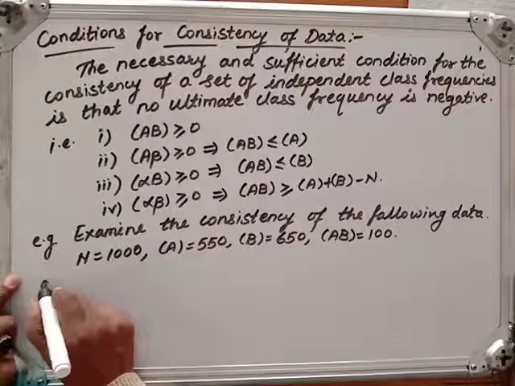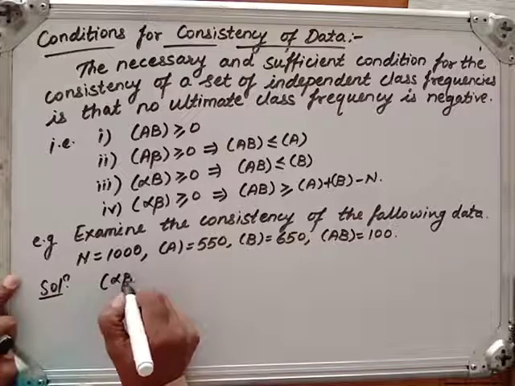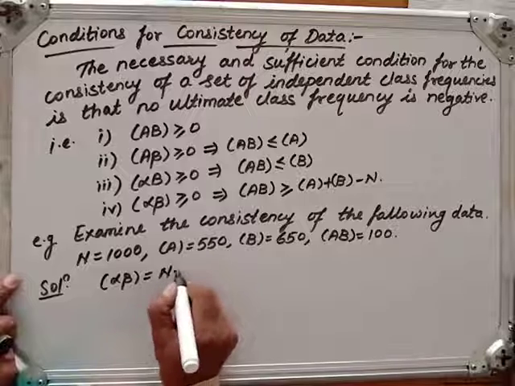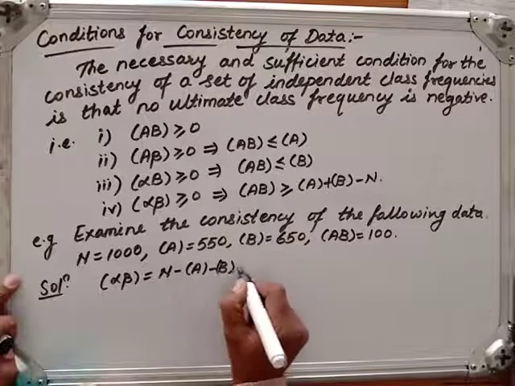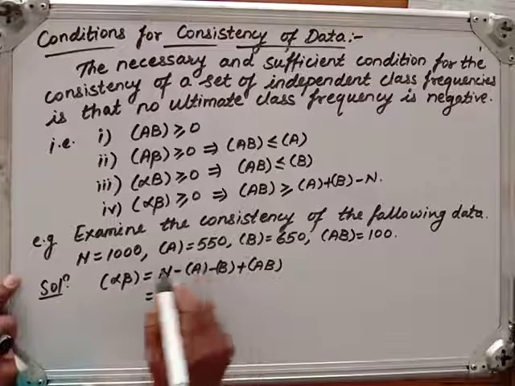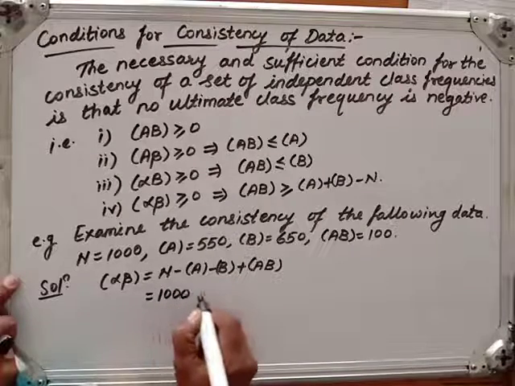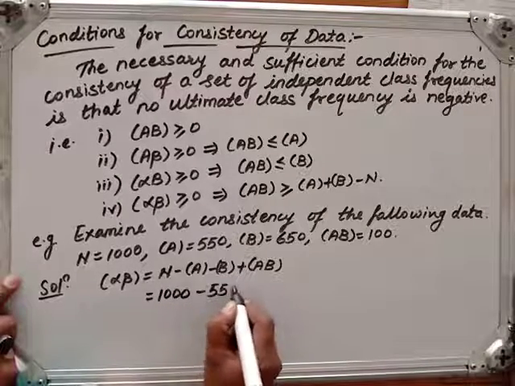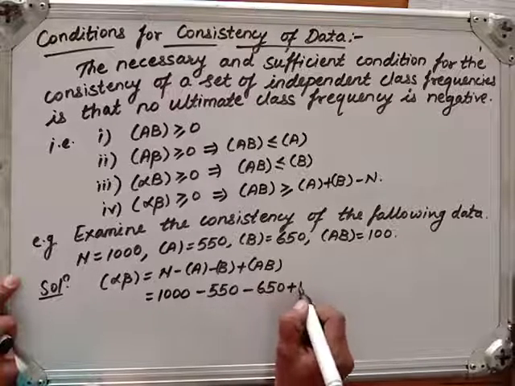Now, solution. We have alpha beta is equal to N minus A minus B plus AB. So let's check that. So N will be how much? 1000 minus 550 minus 650 plus 100.